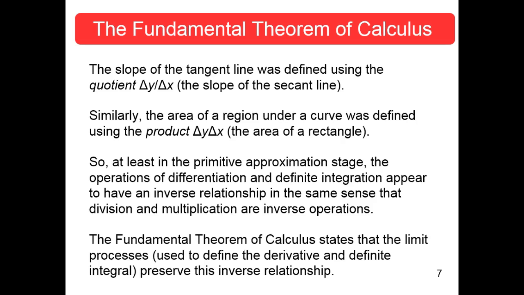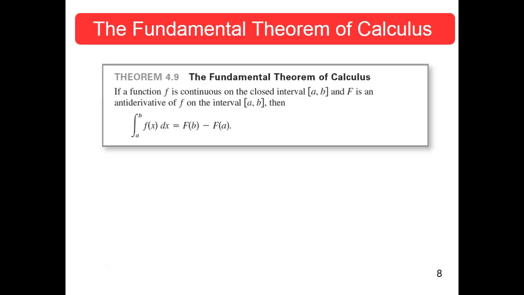That's the area of a rectangle. So at least in the primitive approximation stage, the operations of differentiation and definite integration appear to have an inverse relationship in the same sense as division and multiplication are inverse operations. The fundamental theorem of calculus states that the limit processes used to define the derivative and definite integral preserve that inverse relationship.